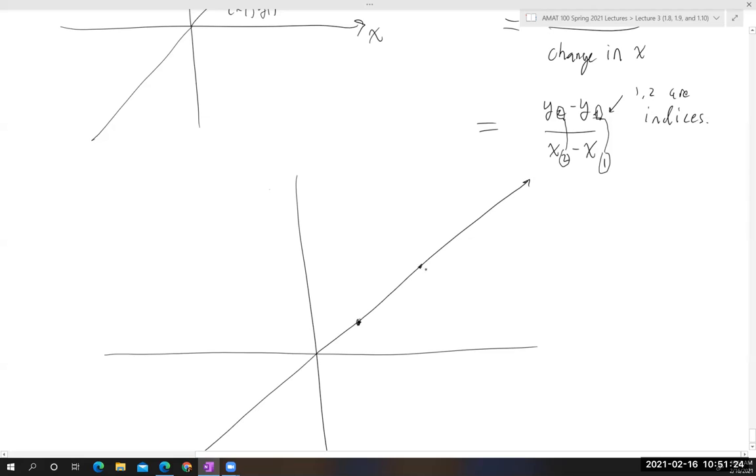We'll start with our same points again, and then they form a triangle. So we have x1, y1, and then over here we have x2, y2 for this point.